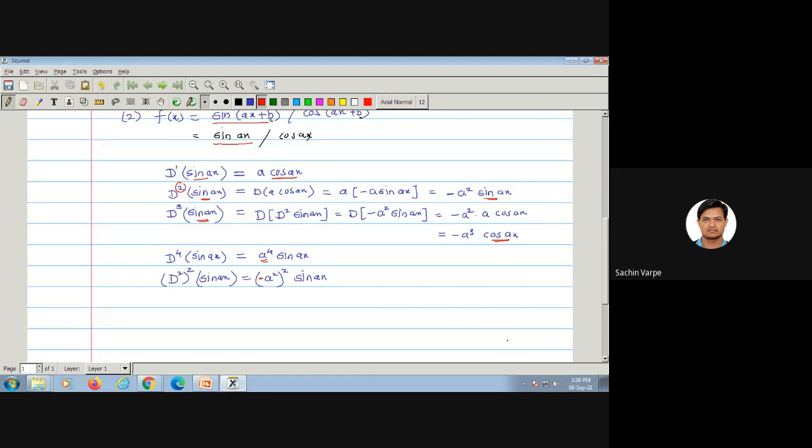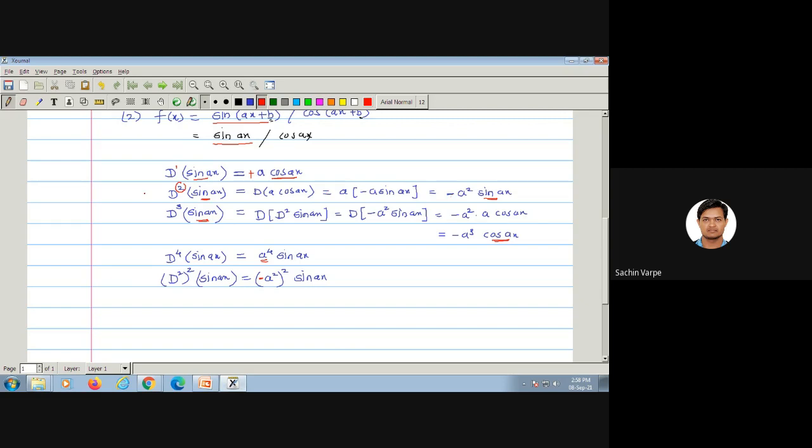Is this clear to everyone? So how am I writing? I'm writing a raised to 4 in terms of minus a square. Why? Because sometimes I'm getting the plus term, sometimes minus. So odd powers of d do not give only positive terms, and even for the even powers, some terms are positive and some are negative, isn't it?